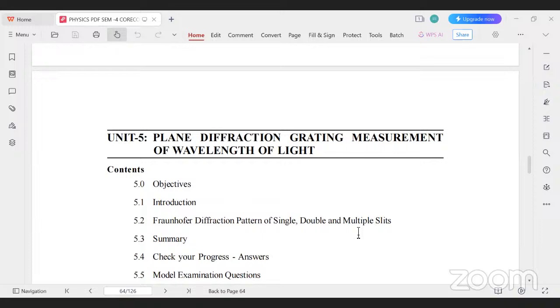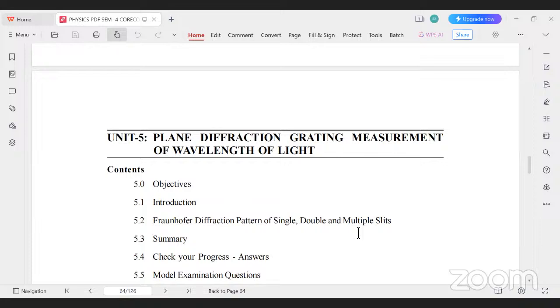To explain more clearly what grating is: if we take a sound wave, filtration is done. If we take current, filtration is done.